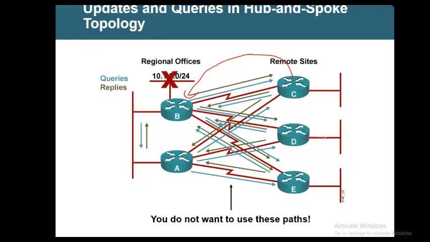In this direction, we don't run EIGRP, but we do have EIGRP here. So what we have written is some static routes for the destinations here.